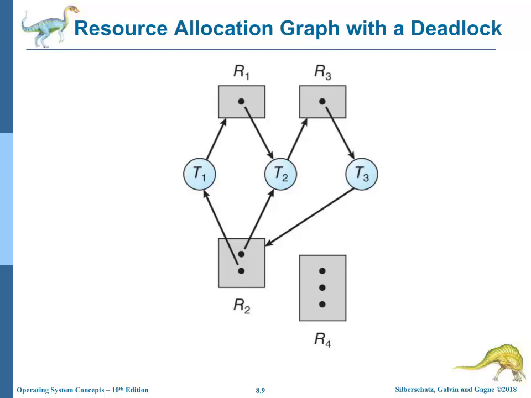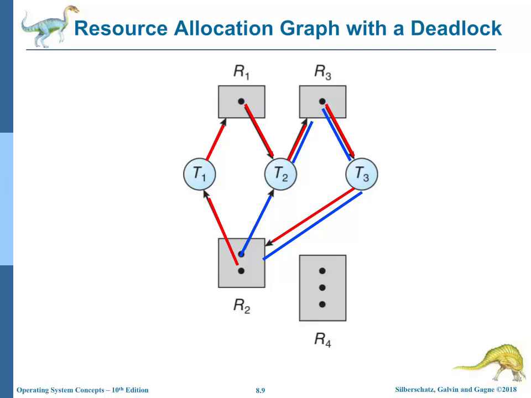In this graph, there are 2 cycles. T1 to R1 to T2 to R3 to T3 to R2 to T1. Another cycle is T2 to R3 to T3 to R2 to T2.